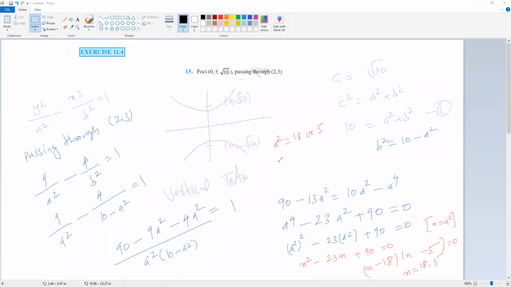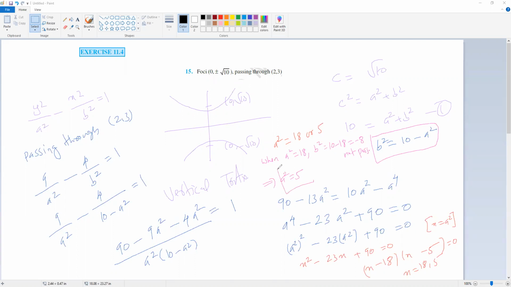Okay. So now when a square is equal to 18, b square is 10 minus 18 which is equal to minus 8, because b square is equal to 10 minus a square. So this is not possible. That implies a square is equal to 5.